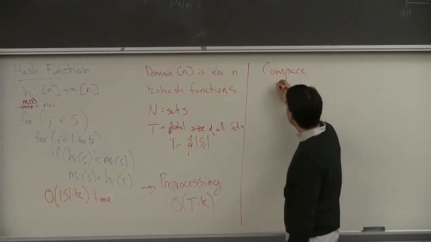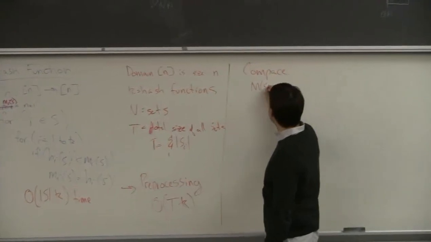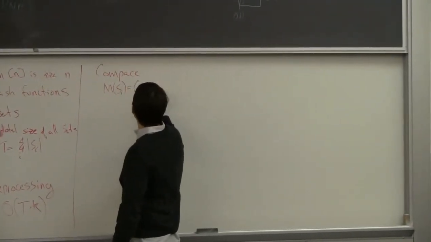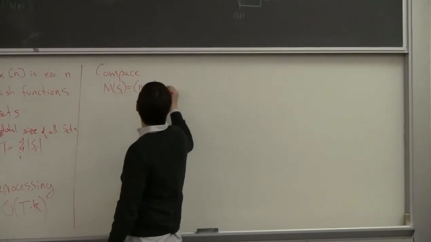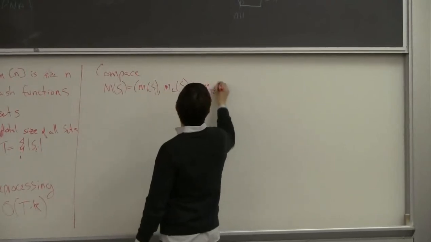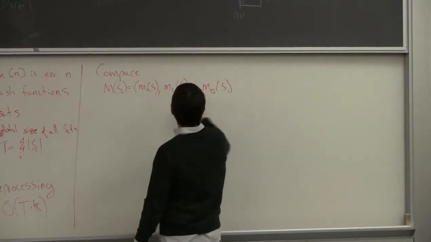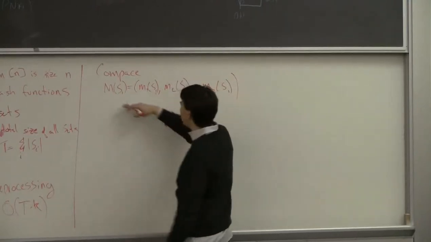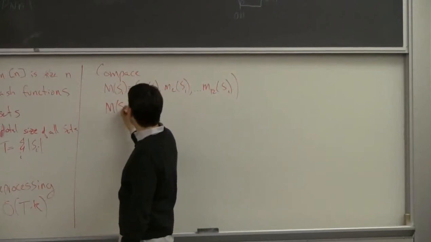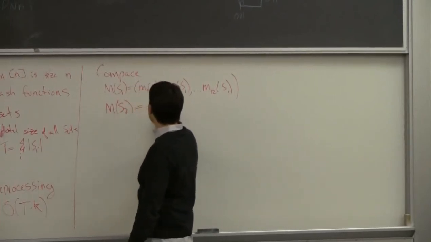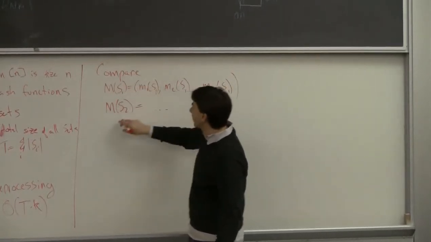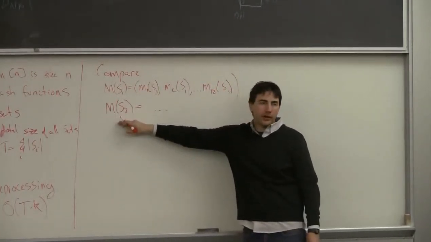To compare, let's call this vector M of s, big M of s1, and I have the same for s2. So I want to compare M of s1 and M of s2.